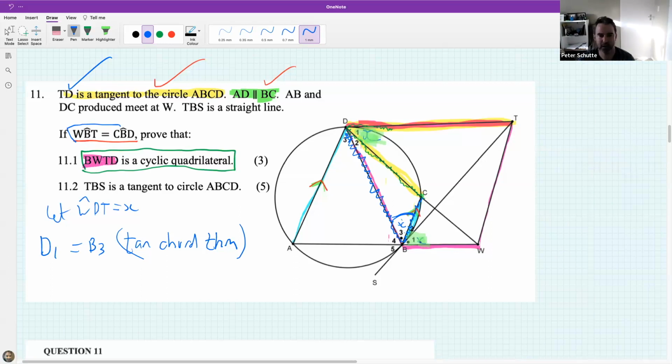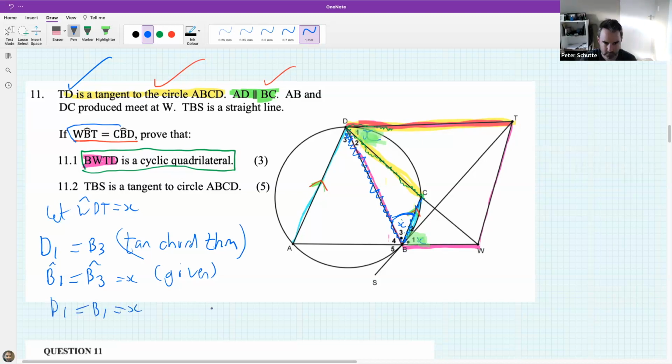You proved earlier that B1 equals B3 equals X, and that was given. At the very beginning, they told us that B1 and B3 were the same. You then showed that D1 is equal to B3, and therefore D1 equals B1 because they both equal X.